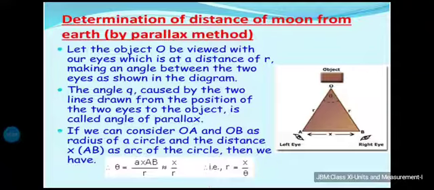Now suppose the object whose distance is to be measured is located at O, and we are observing the same object O from two different positions A and B. The distance between the two positions A and B is the basis denoted by x.